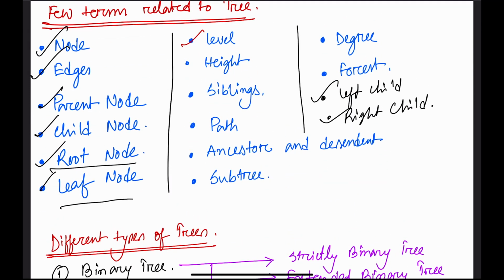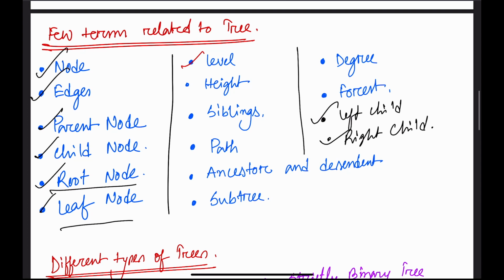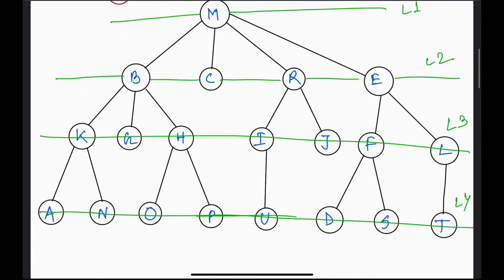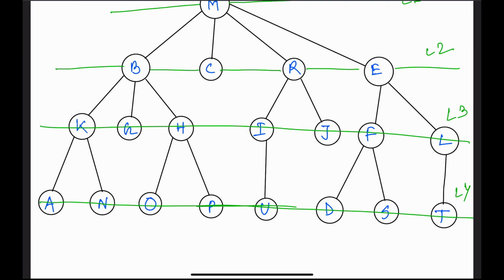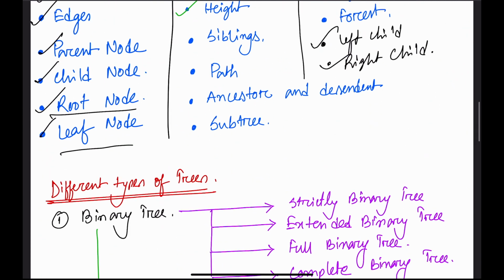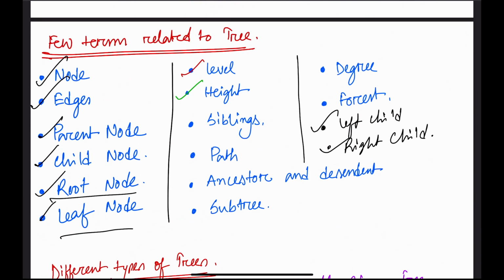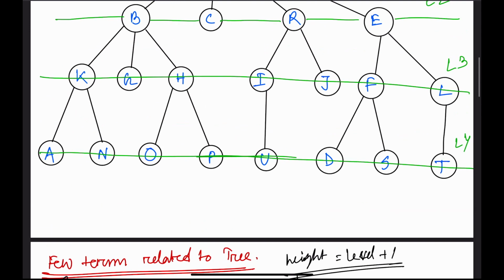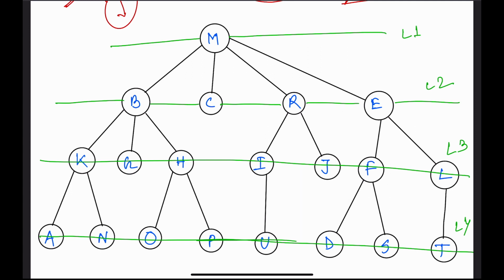Now the thing is height. What is the height of a tree? What we can write is height equals number of levels plus 1. Here the levels start from 0, 1, 2, and 3, so the maximum level is 3.